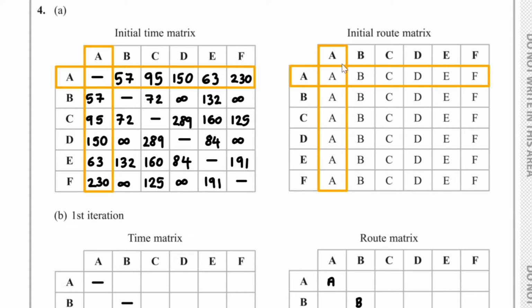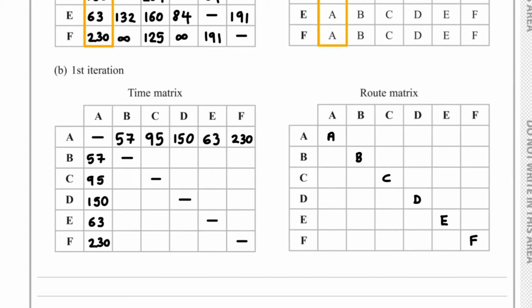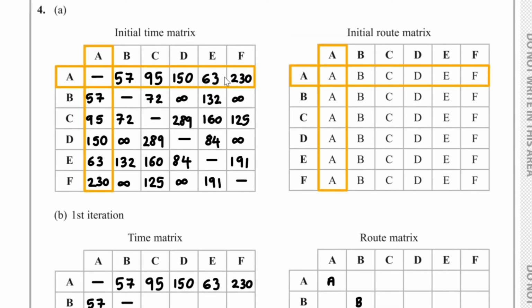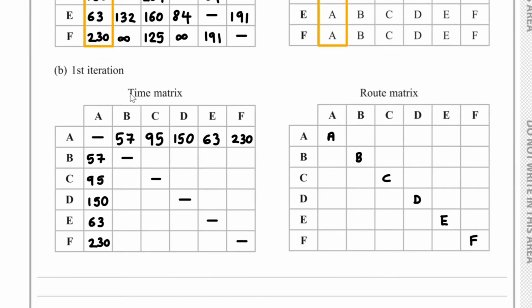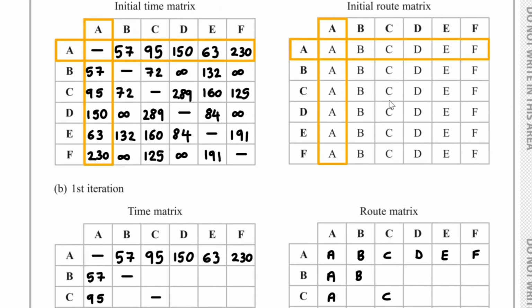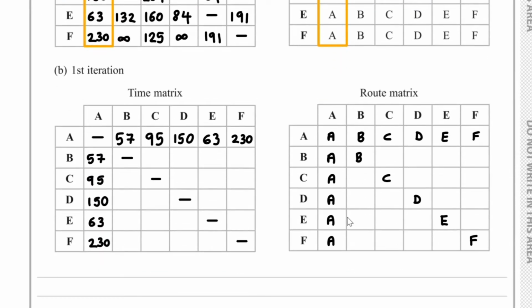So, the values that are boxed need to remain the same. So, the values remain the same from the boxed column and row for the time matrix, and for the route matrix, the boxed row and column remain the same.